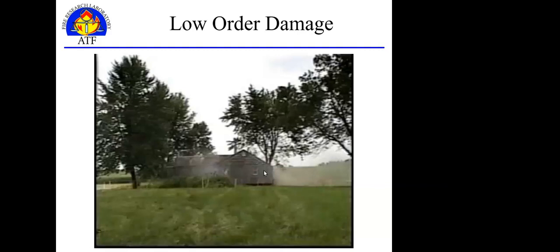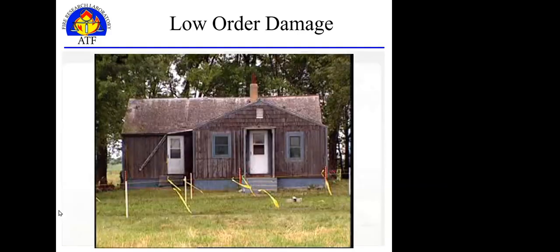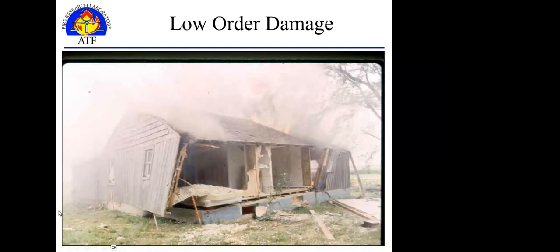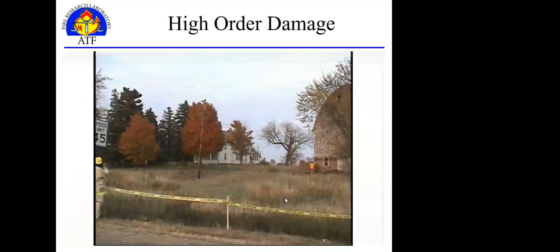Entire doors and windows were basically thrown out of their frames. That is consistent with low order damage like this. As you can see, this wall kind of flopped out, but it's still almost completely intact, that you could almost put the wall back up and put the structure back together.